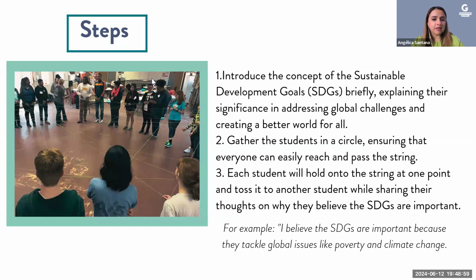So you can easily do this perhaps by pointing out in the classroom the 17 SDGs, or perhaps bringing an image, or you know, just explaining to them what the SDGs are.